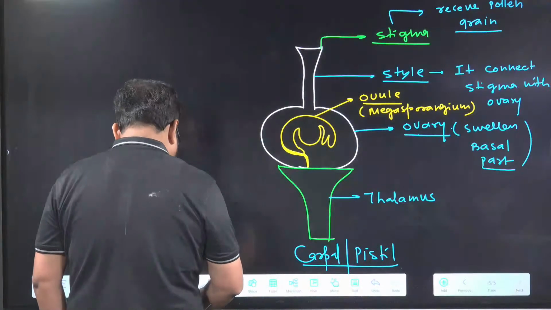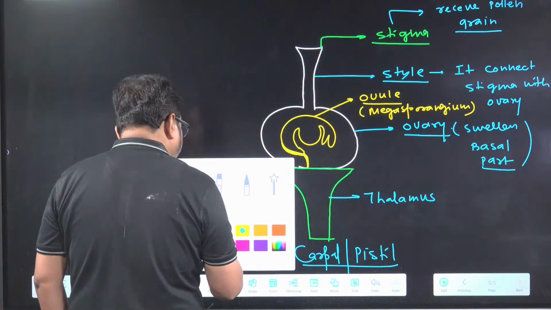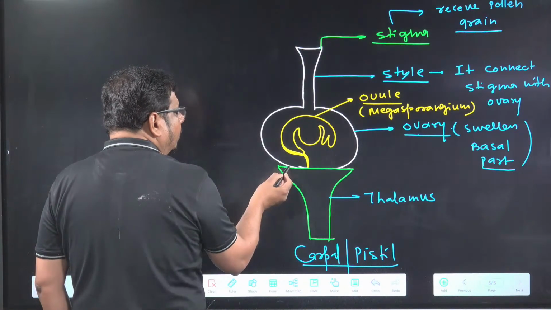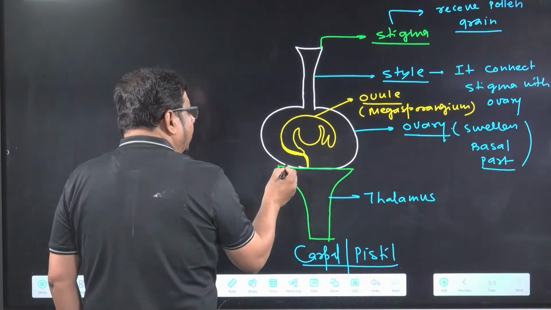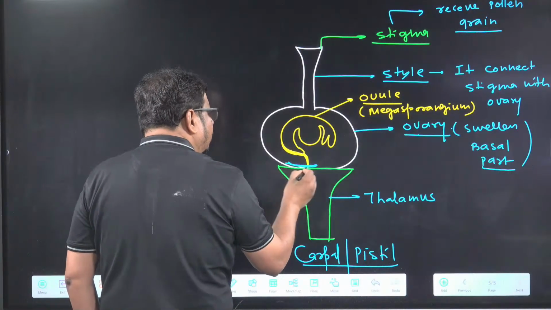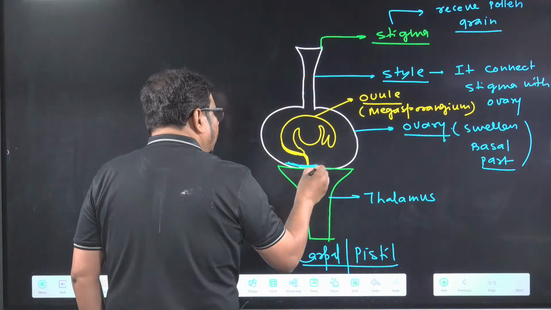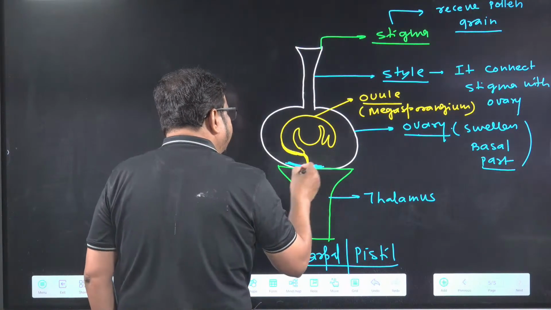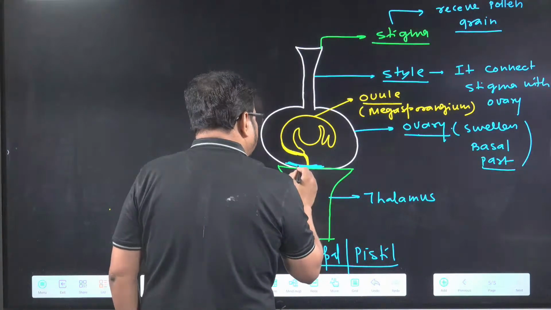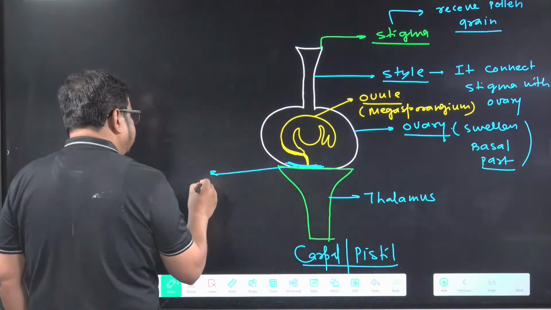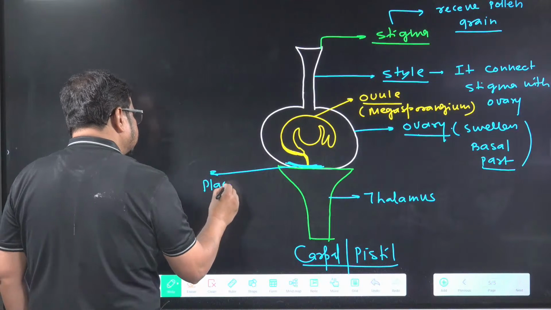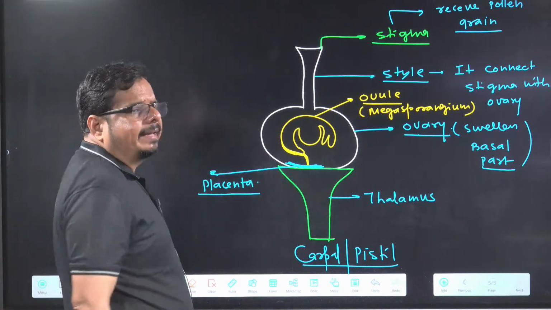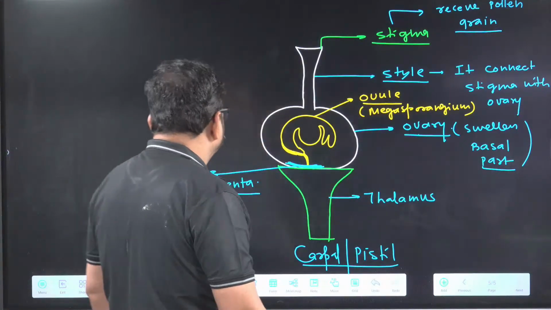So the ovule is attached to the inner wall of the ovary. Where it attaches with the wall of the ovary, to protect the ovule there is a cushion-like structure, and this cushion-like structure is called placenta.